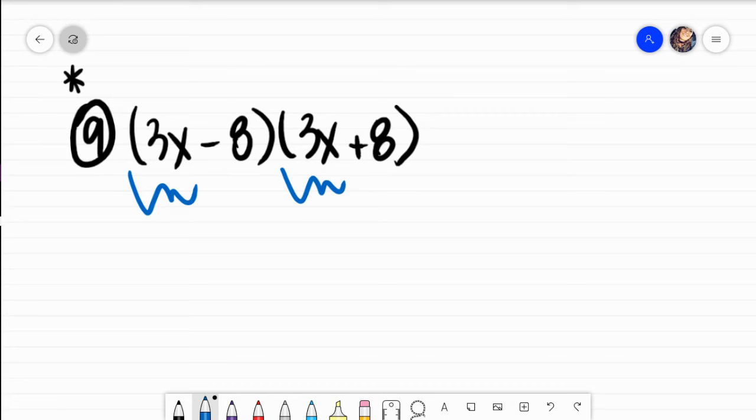So if you agree with me, 3x and 3x are the same term, right? Negative 8 and positive 8. Those values are the same. The signs are different, but the values are the same, right? So I'm going to show you something. Again, we'll touch on it and it'll make more sense later, but I do have an asterisk for a reason.